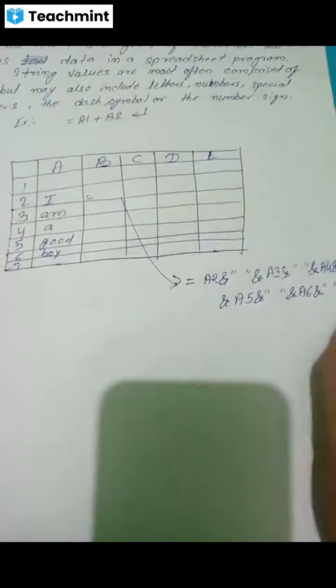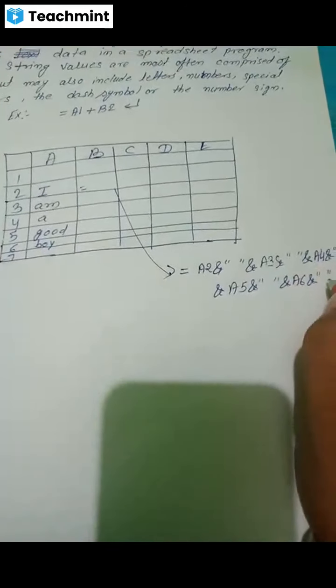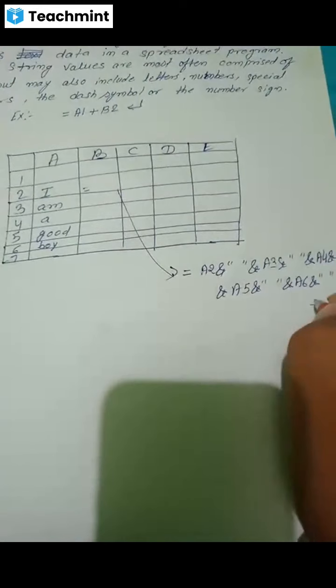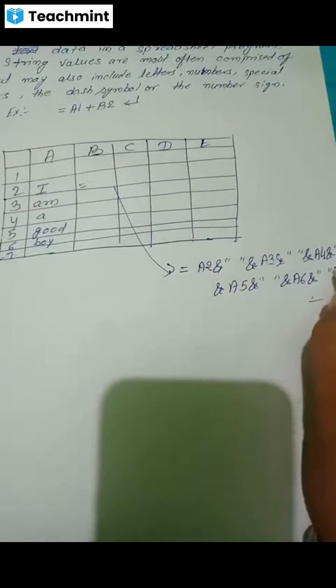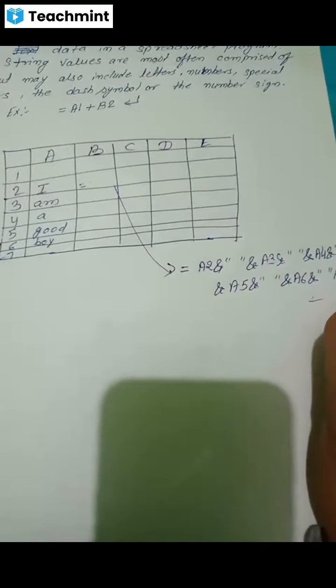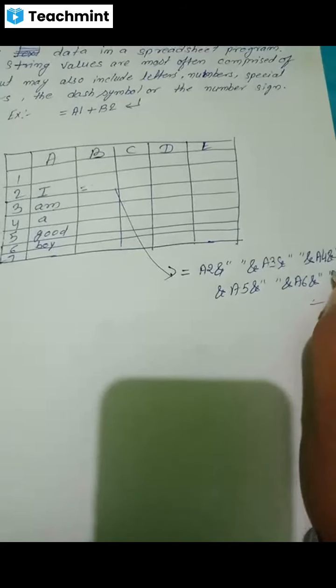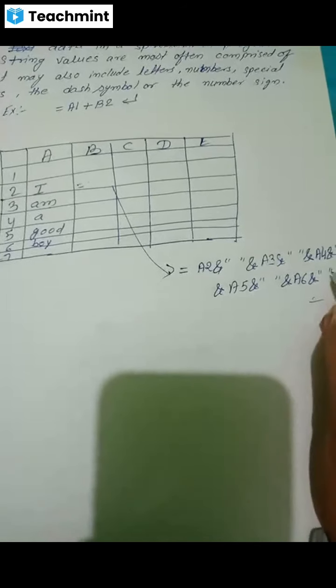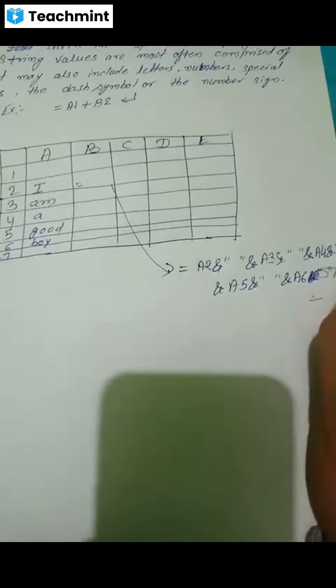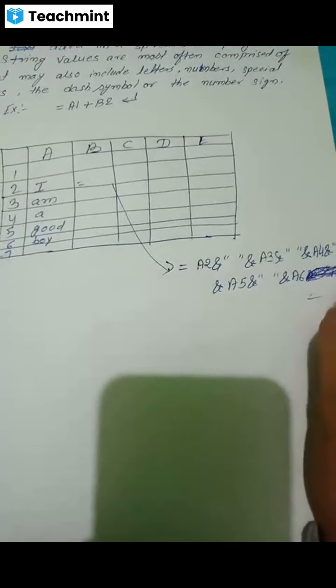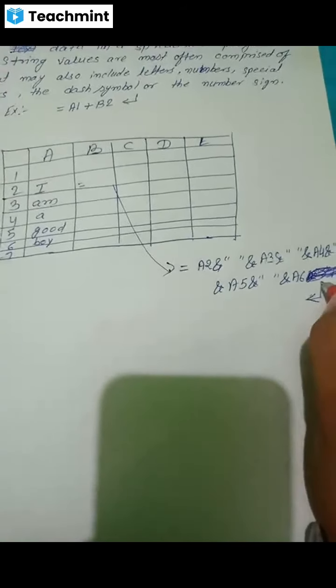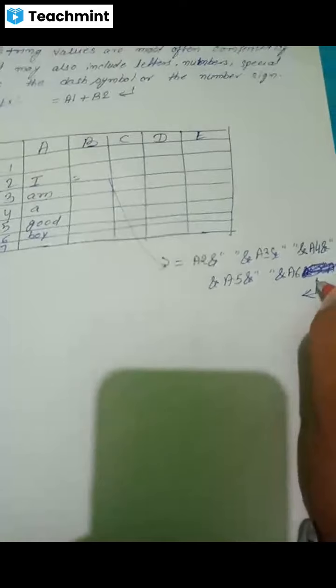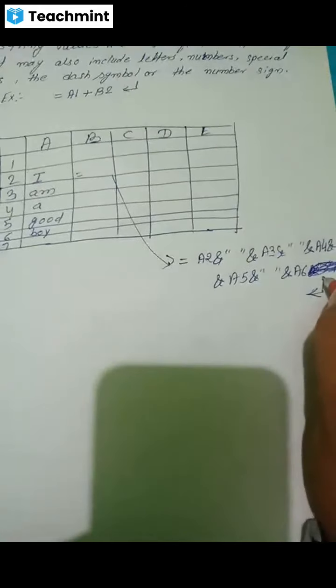Ampersand is given here. Then press in the cell where you want the result. Here it is complete, and then press the enter key.